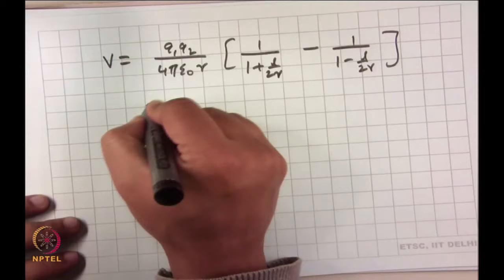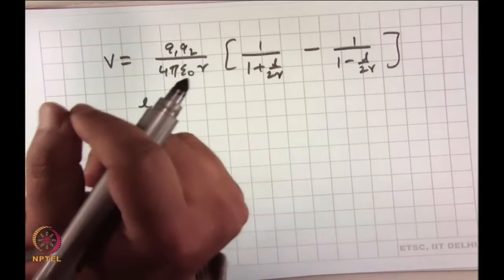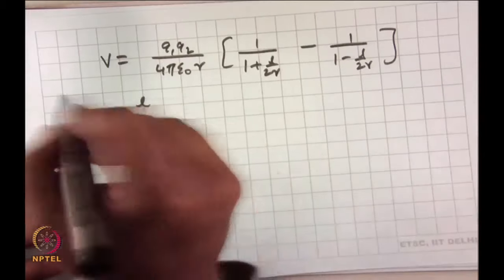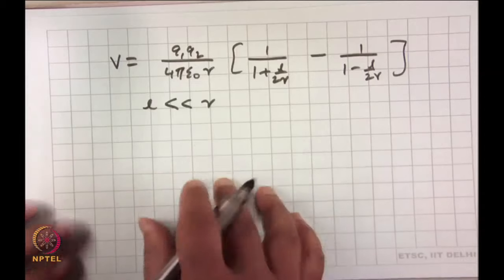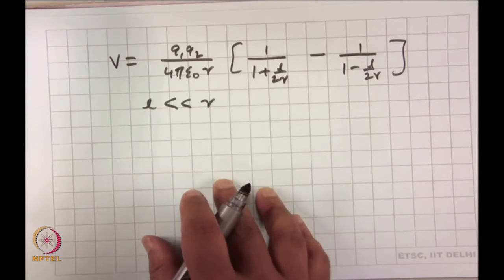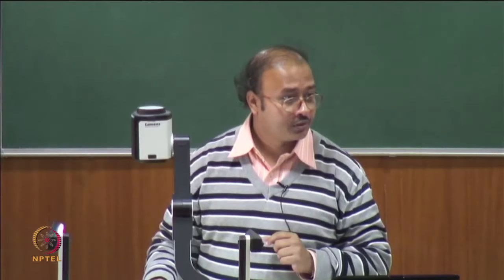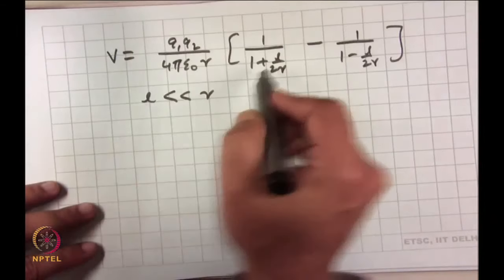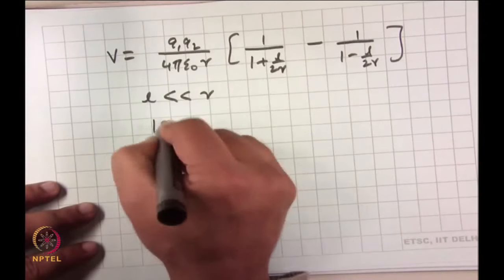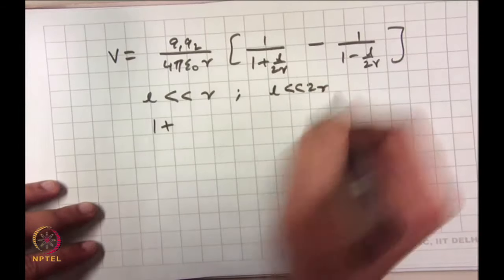That means, I say that L, which is the length of the dipole, or the separation of the dipolar ends, is much less than R, which is the separation of the charge from the center of the dipole. Now, if I do that, what will happen? Based on this I can write L is much less than 2R.